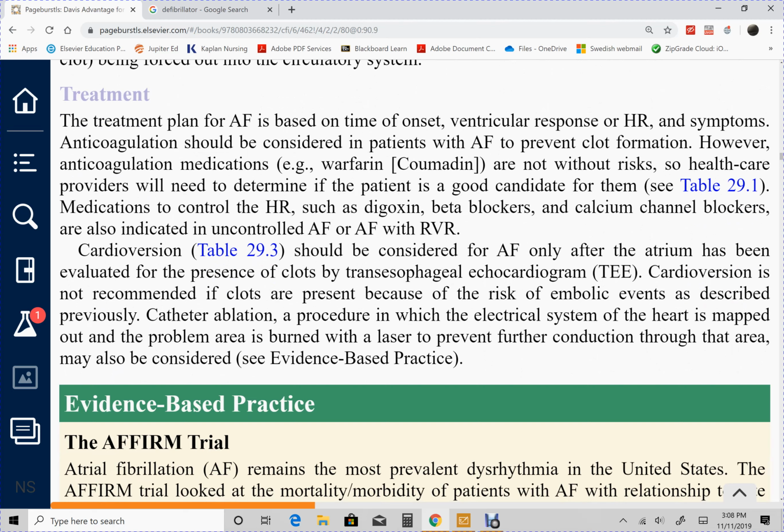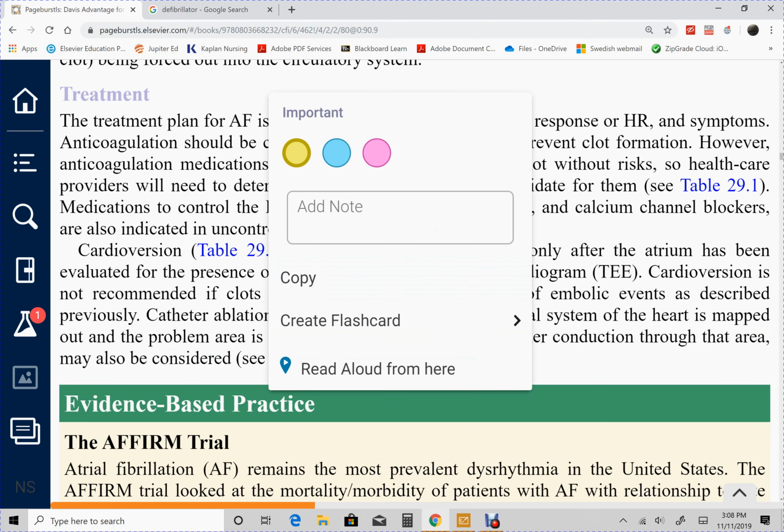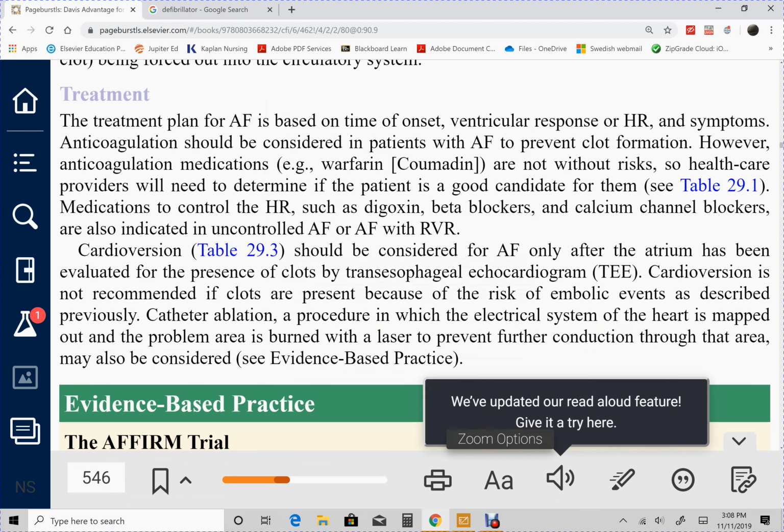So after the EPS study, when the cardiologist finds where those electrical impulses are coming from, then they'll take the patient to the cath lab, and then they will literally burn those sources of the electrical impulses. So they will burn them with a laser to prevent further conduction through that area. Okay, so that's another option.